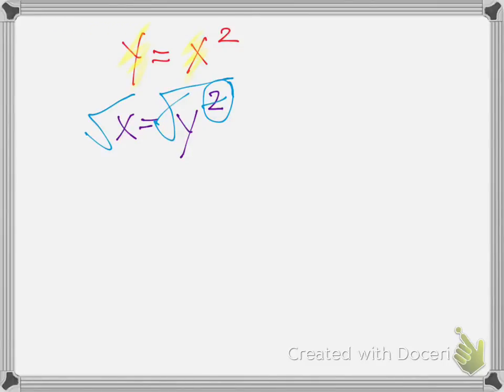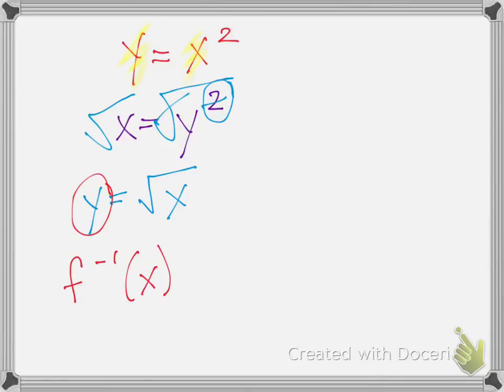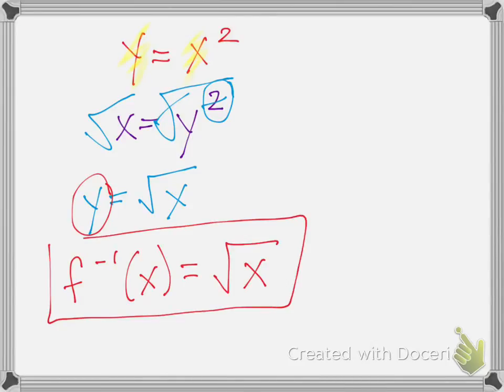And so that will cancel, and I get y equals the square root of x. And the final step is to switch this y into the inverse. The inverse of f of x is the square root of x. So that would be my final answer.